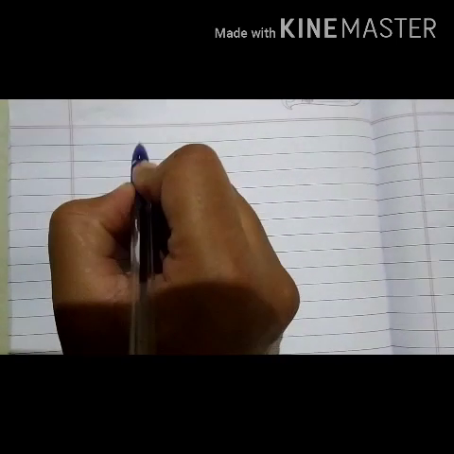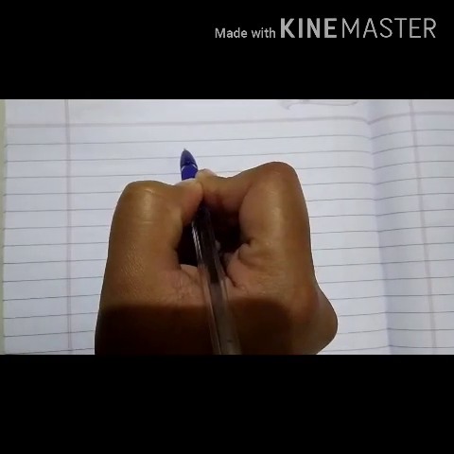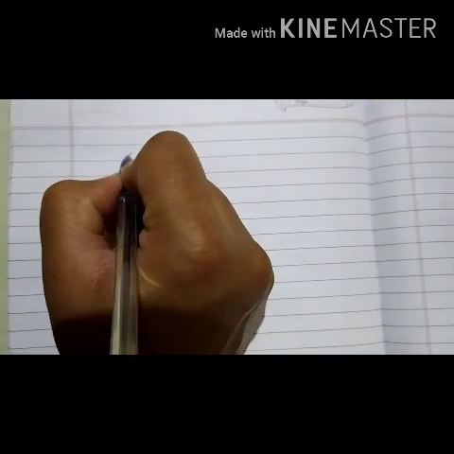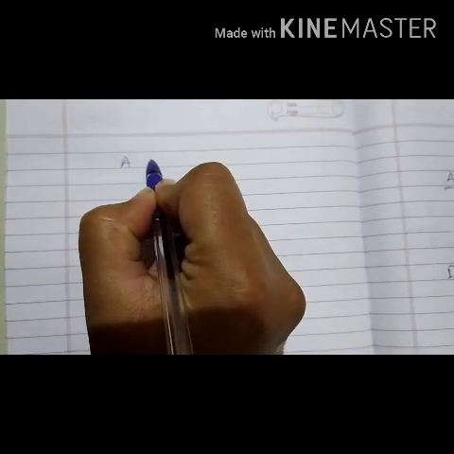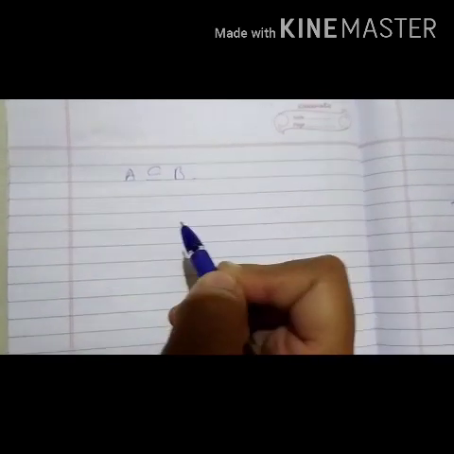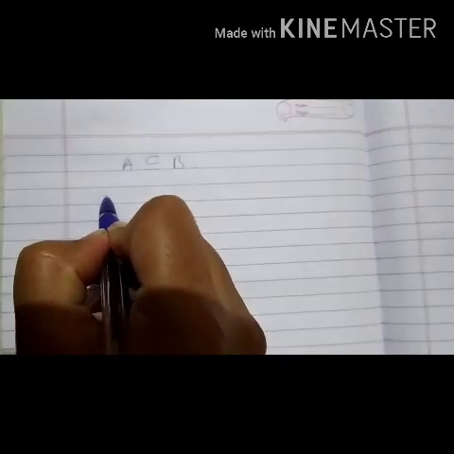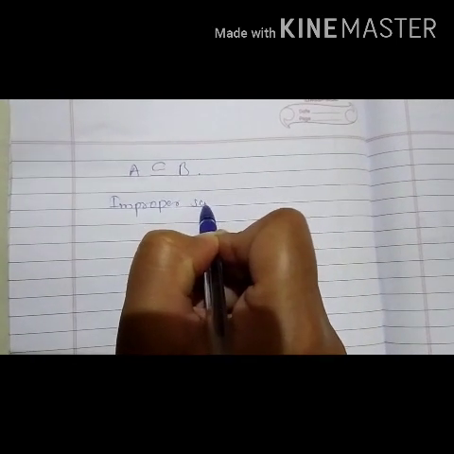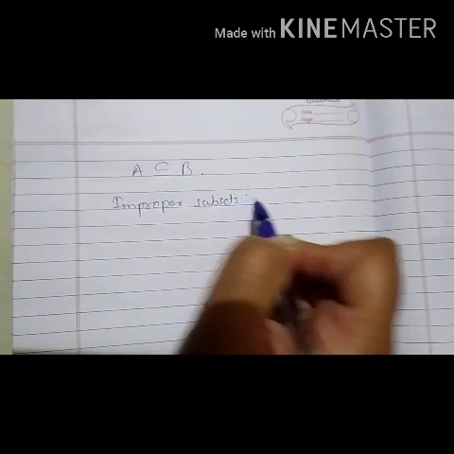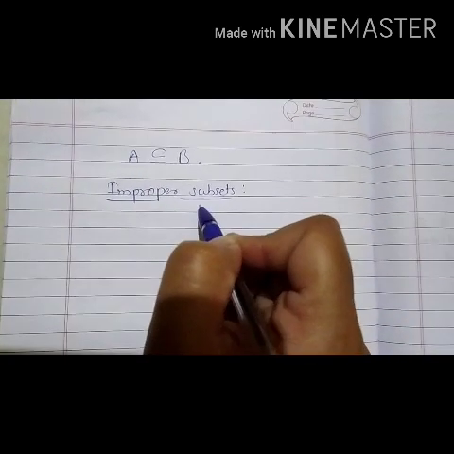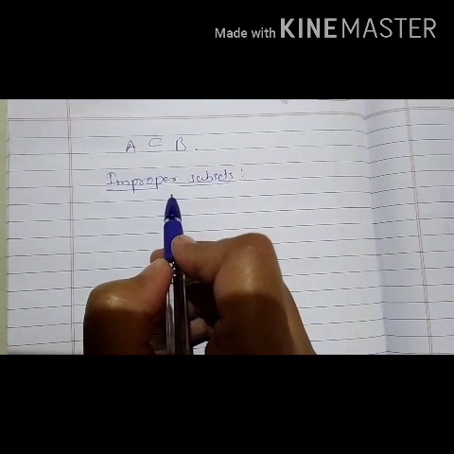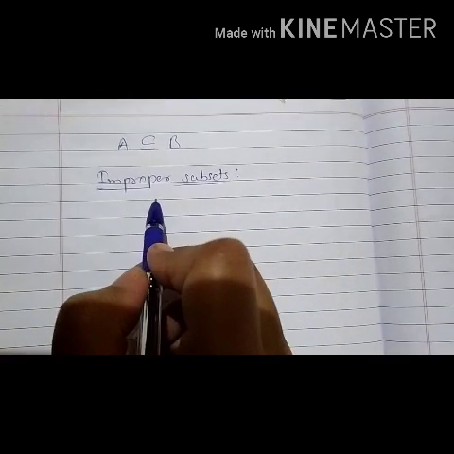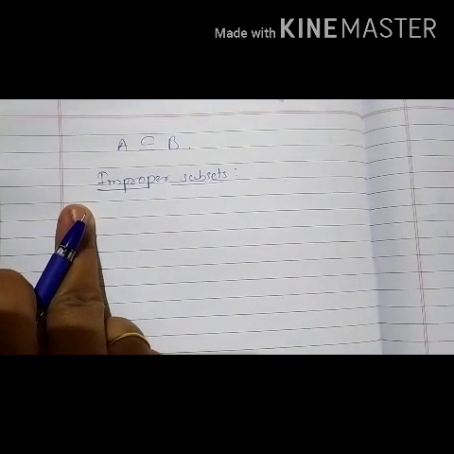Now in a proper subset we have A is not equal to B and A is a subset of B. Means set A contains some elements from set B but not all. But an improper subset is a set which is containing all elements from the original set.